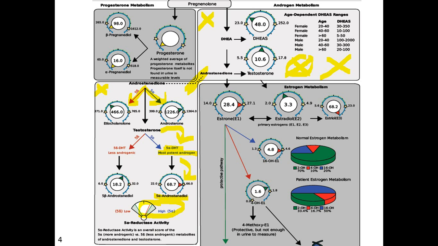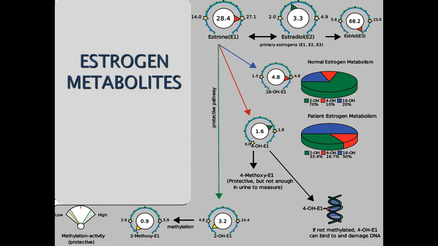And then with respect to the estrogens, we've cleaned that up a little bit. We've color-coded the arrows here for the phase 1 metabolism to correspond to the pie charts as far as which color represents which one.